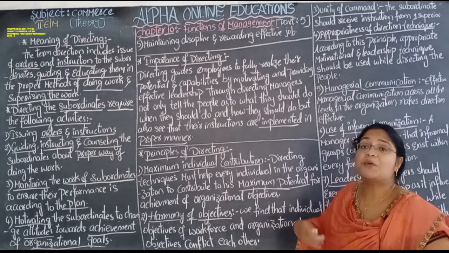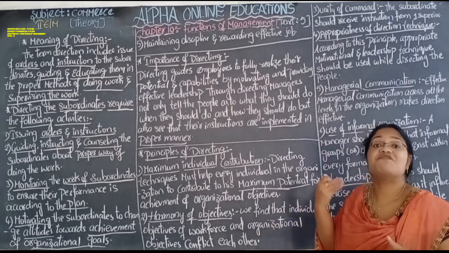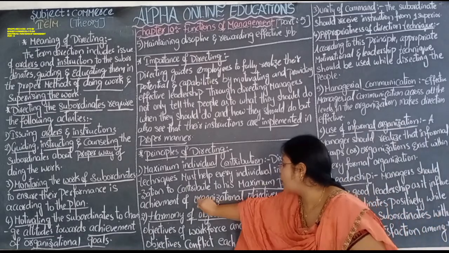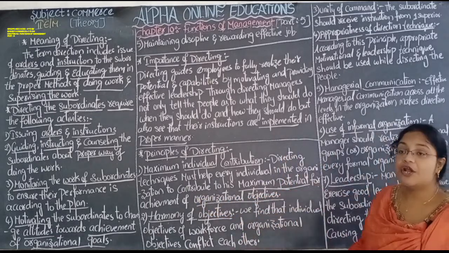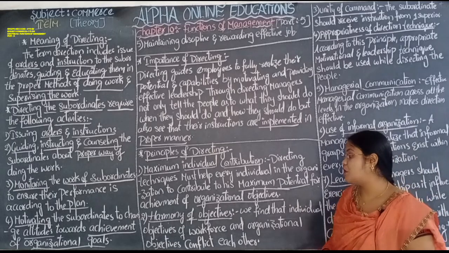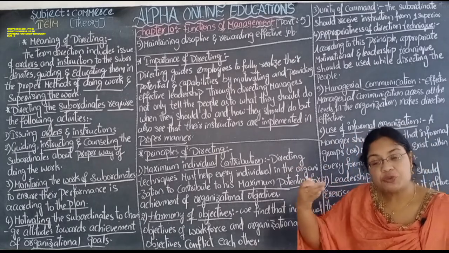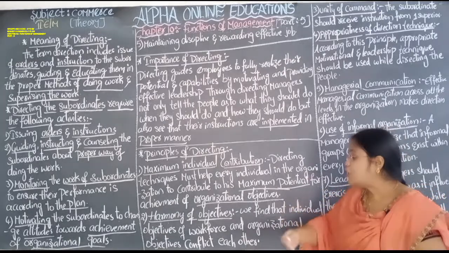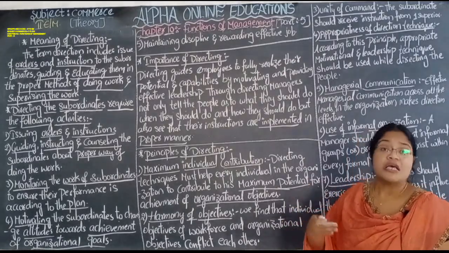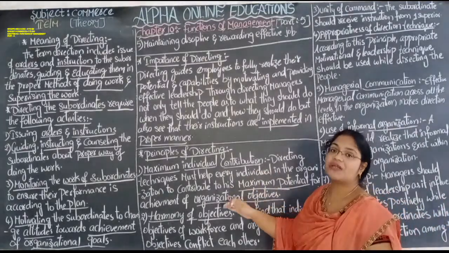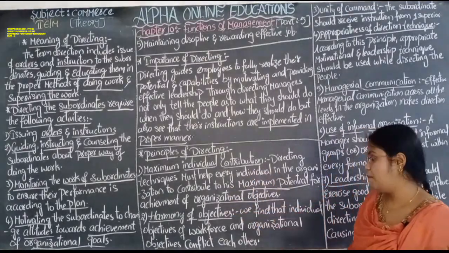Because of inner potential, every person has different capabilities, right? So in order to achieve the organizational objectives, it is necessary that every individual contributes whatever inner potential they have for the organizational development.